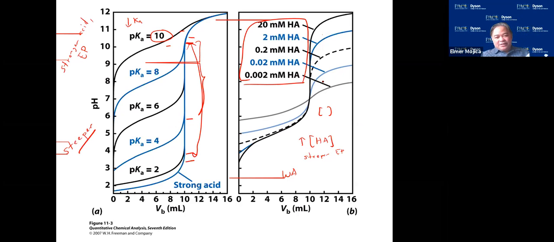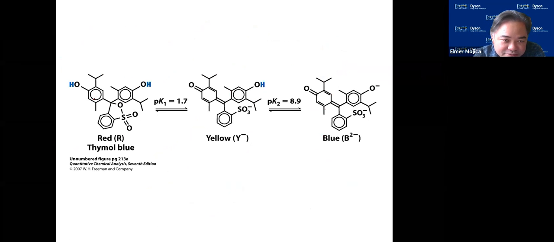Now, the last part of the acid-base titration has something to do with its indicator. So why does phenolphthalein become pink when you keep adding hydroxide ion? Usually, indicators just change composition, which results in a change in color.